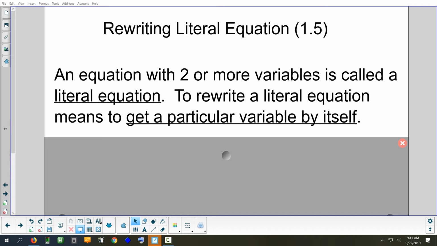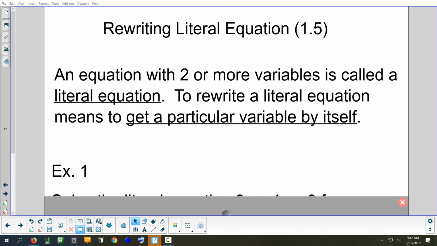It doesn't mean to get a number as an answer. What letter do you want to get alone? Well, they'll tell you. The equation is going to have several letters in it, and they'll want you to get one of them alone. Sometimes it's X, sometimes it's Y.